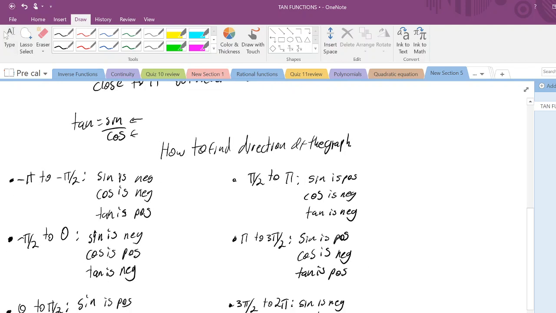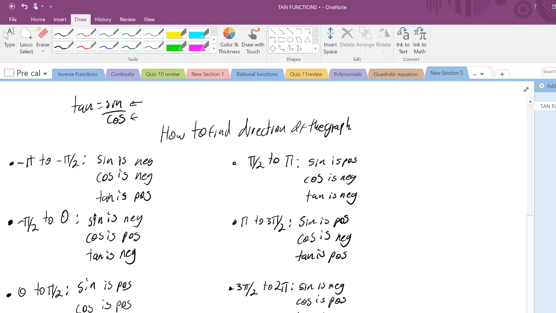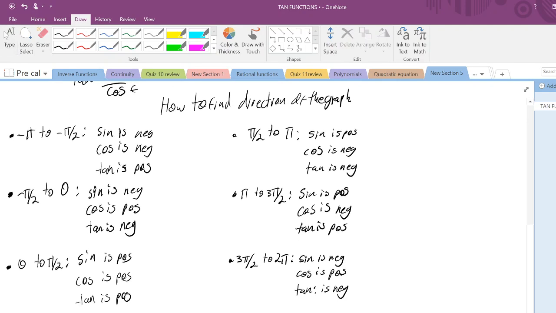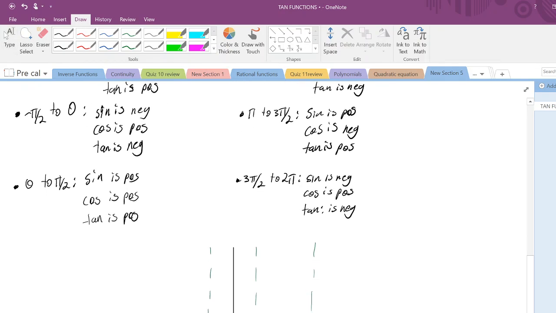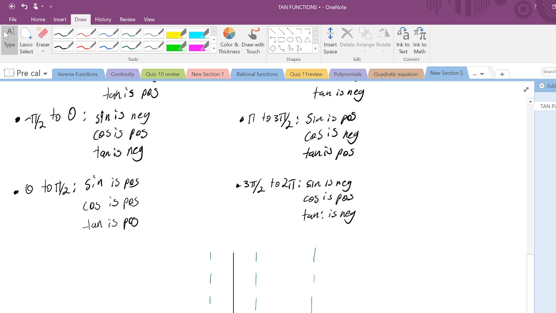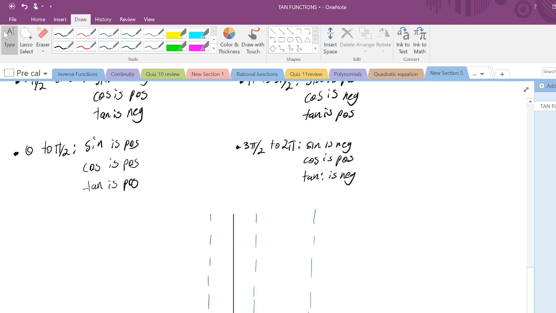Now what I have to do is follow the little chart that I gave you. From negative pi to negative pi over 2, we said that tangent is positive. So from here to here, it's going to be positive. It's going to look like this, but it's never going to touch. It's just going to keep on going like that.